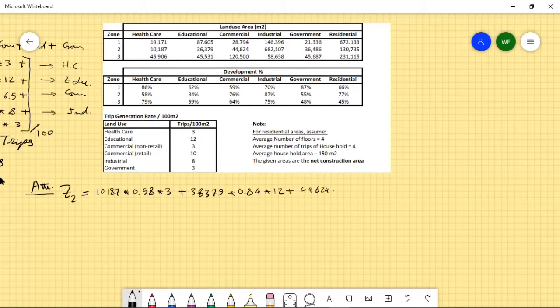Okay, multiply how much? 0.76 multiply 3 plus 682,107 multiply 10.